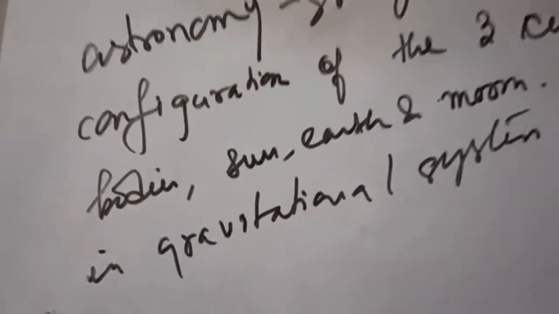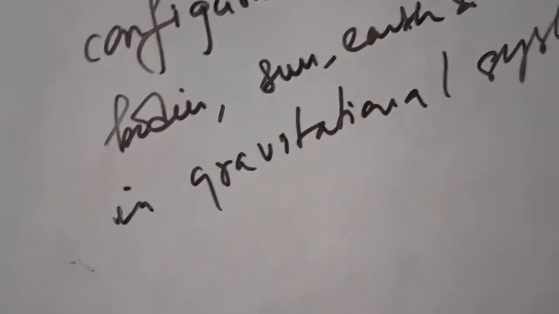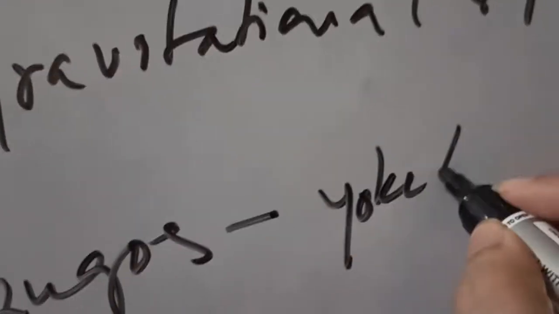The word syzygy came from an ancient Greek word, zygos, which means yoked together.